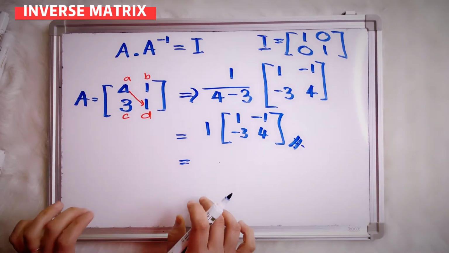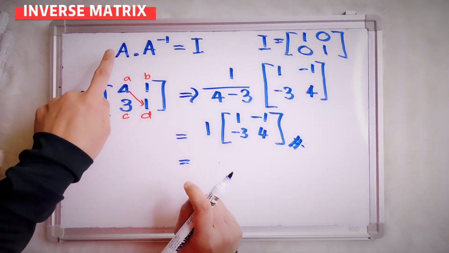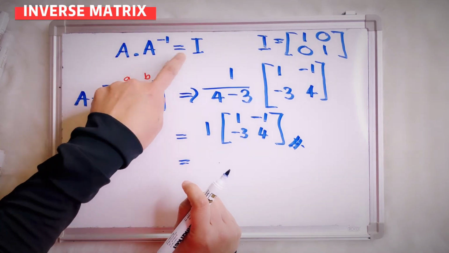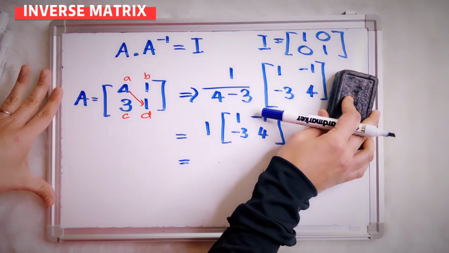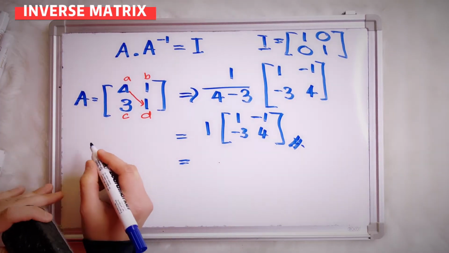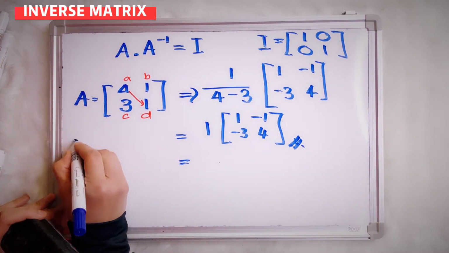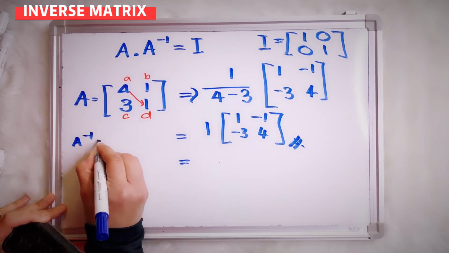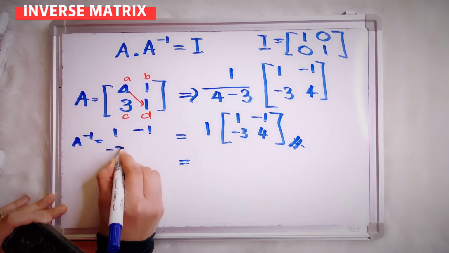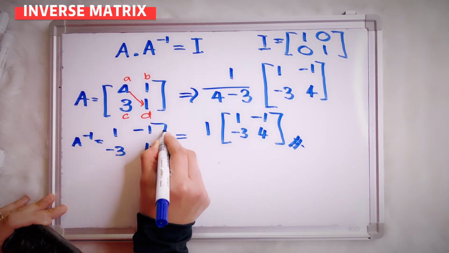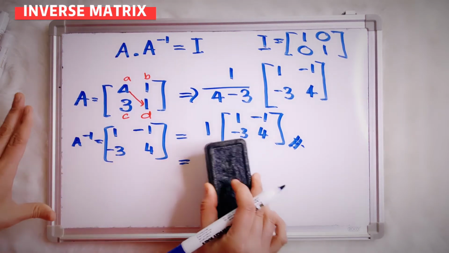Okay? Now we want to prove. Is it correct? A multiply with A inverse, we have identity matrix. Okay, let's check. So here is A inverse. A inverse is 1, negative 1, negative 3, and 4.